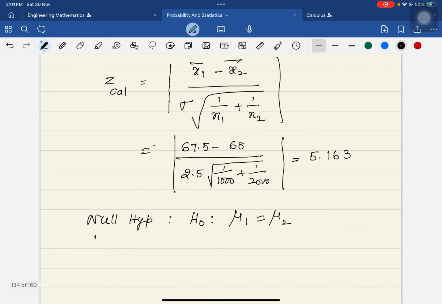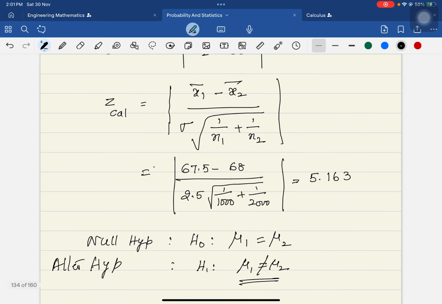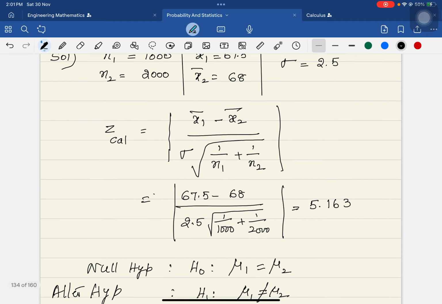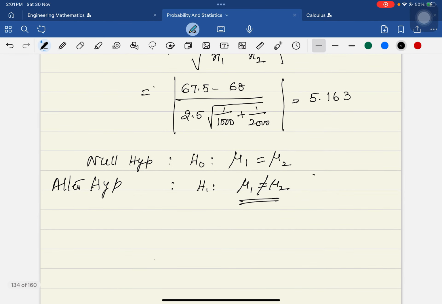The alternate hypothesis H1 is mu1 is not equal to mu2. He has not given anything like less than or greater than. As soon as you see mu1 is not equal to mu2, it is very clear that it is two-tailed.